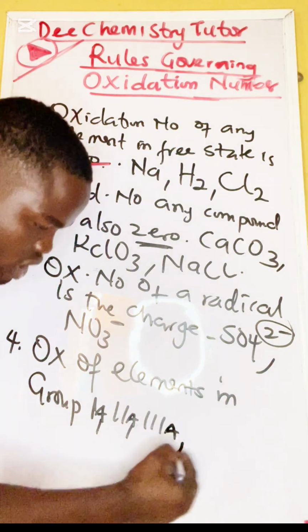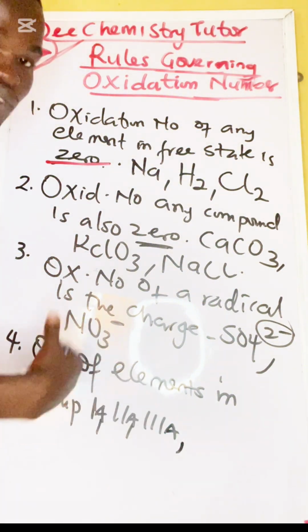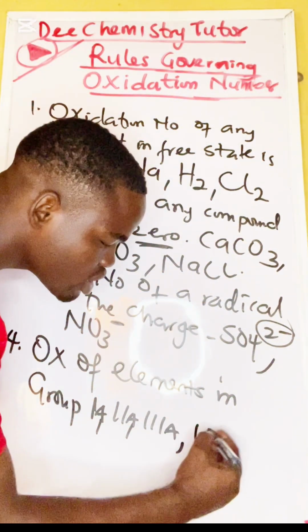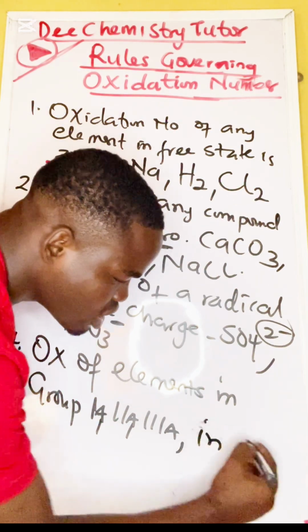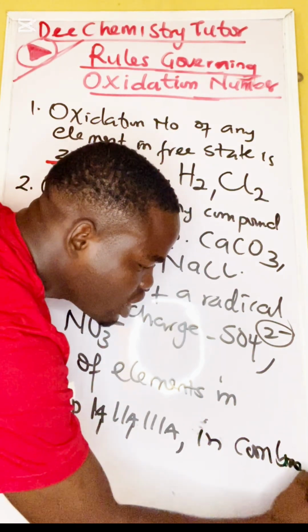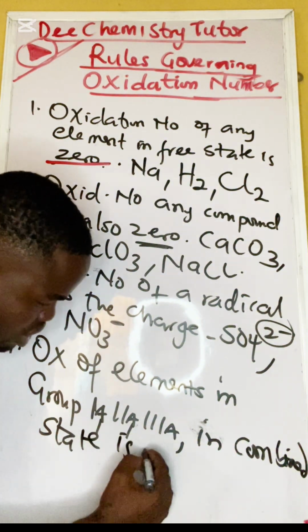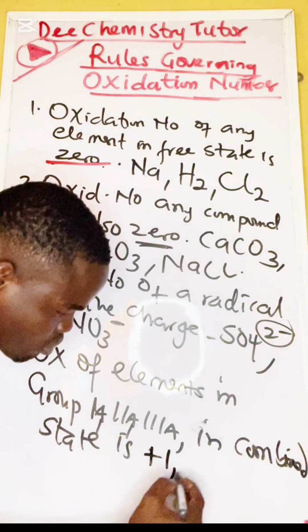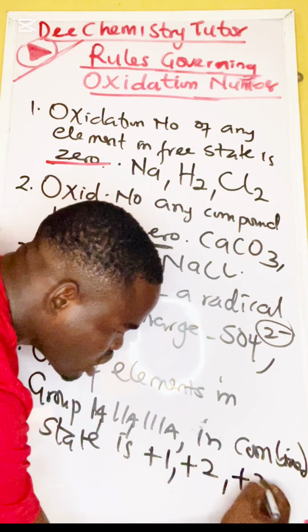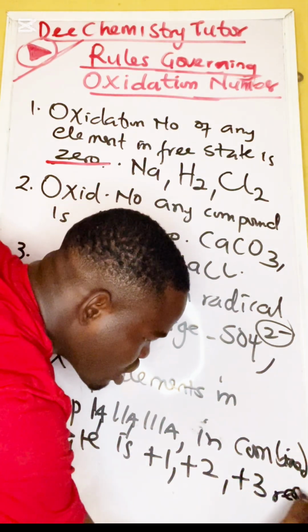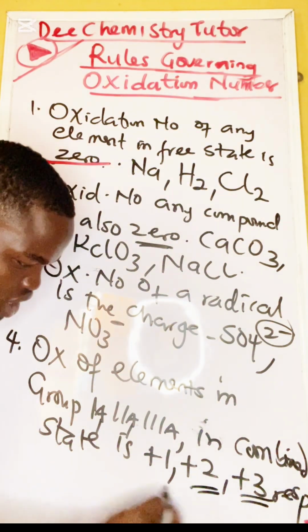When I mean A here, I'm talking about the first 20 elements. In combined state, this one is very, very important, is +1, +2, +3, respectively. Please take note.